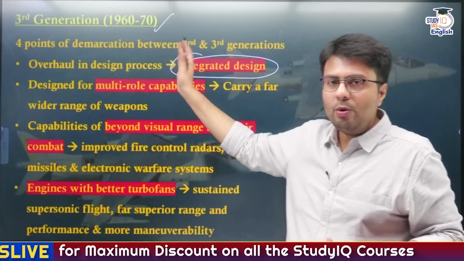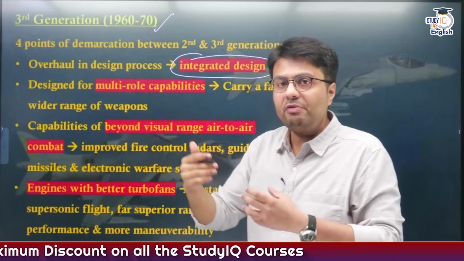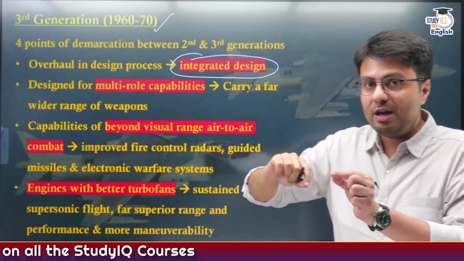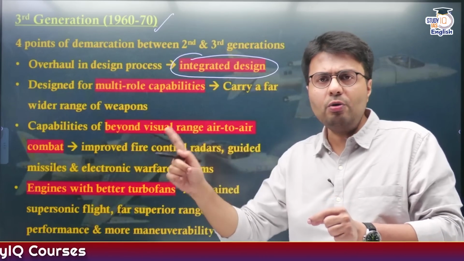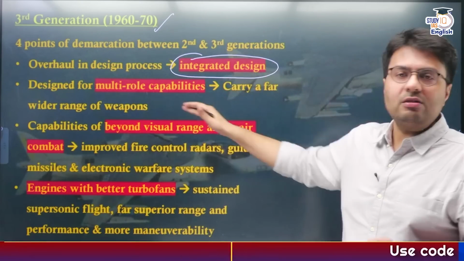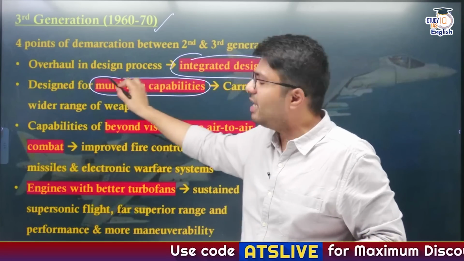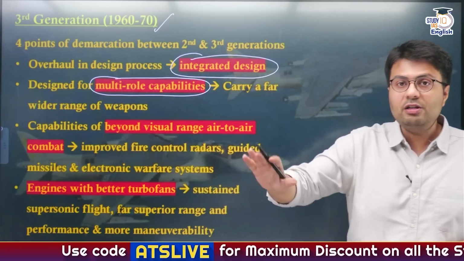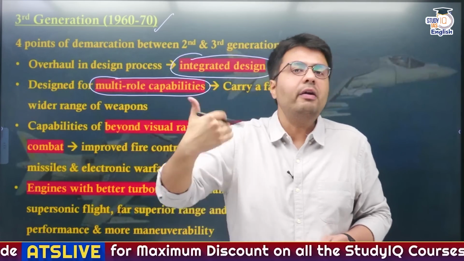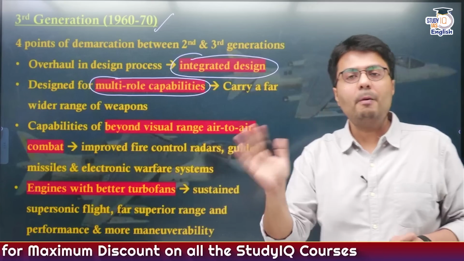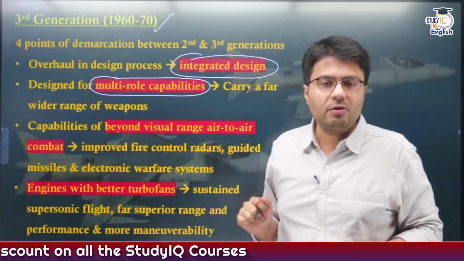Similarly, as I told you, second generation aircraft had a fixed role, that is they were able to intercept or they were able to ground bomb, right? But these third generation aircraft were designed for multi-role capabilities, so that they can carry a far wider range of weapons and carry out different kinds of missions depending on the requirements of their respective air force.